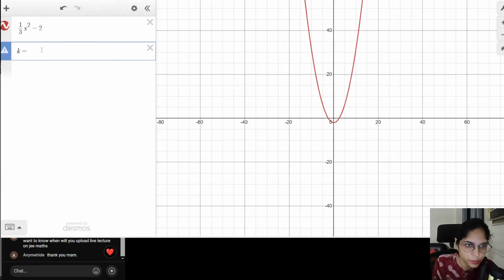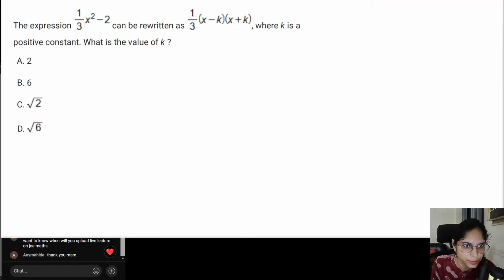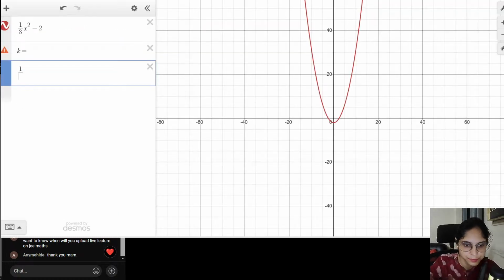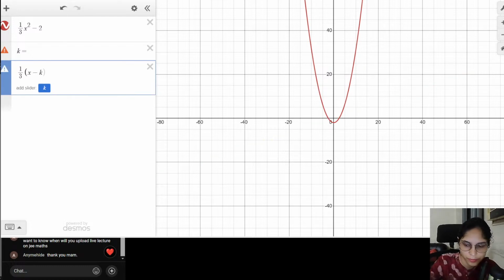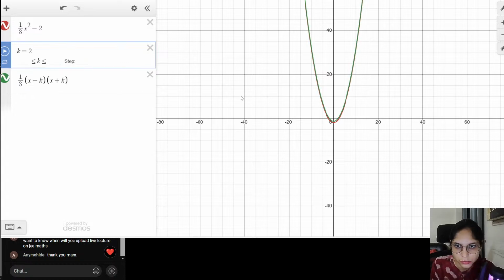And you just write k is equal to, because that is what you want to find out. Because it is at two different places. Now k is equal to 2.